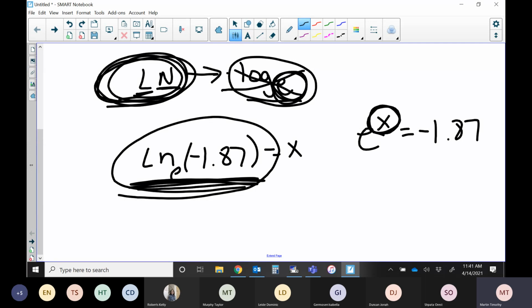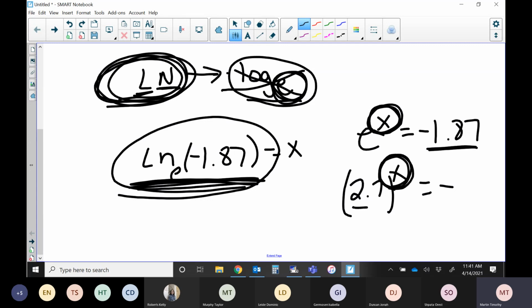Is there any number that you can put in for x that will make e a negative number? This is 2.7 something. So can you take 2.7 something and raise it to a power and get a negative? No. If you put a positive number in here, this still comes out positive. If you put a 0 in here, this is 1. If you put a negative in here, what does the negative exponent do? We've covered this. What does the negative exponent only do?